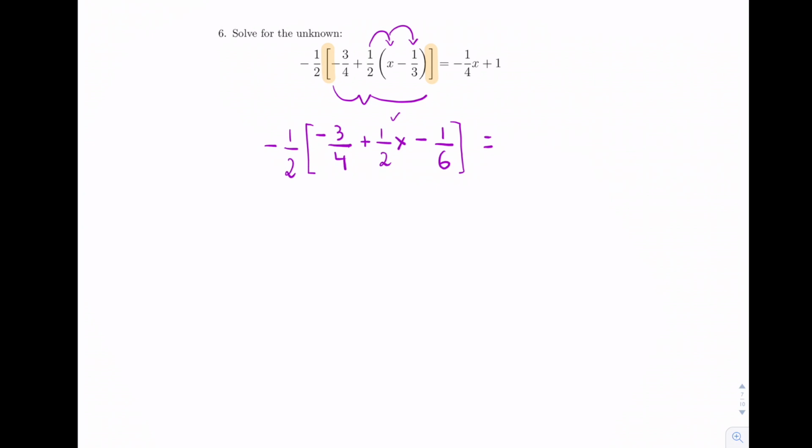Now I like to simplify as much as I can, so I'll collect the like terms here. Notice I have these two fractions, so I'll write it on the side for myself.